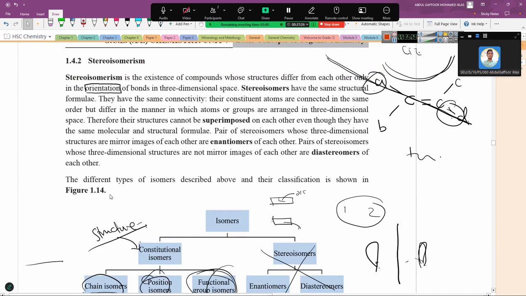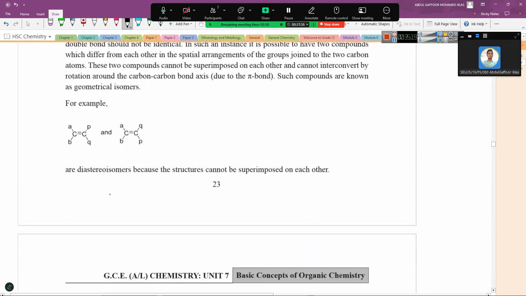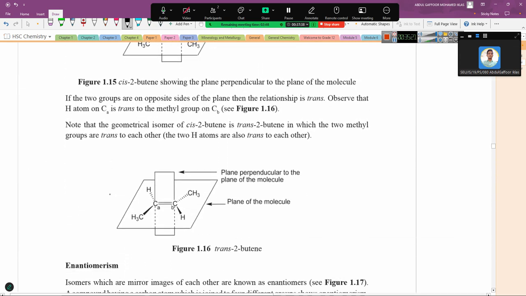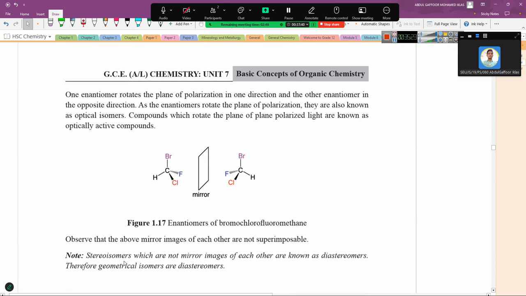Now you can see, therefore, their structures cannot be superimposed on each other even though they have the same molecular and structural formula, right? Now if you look at this one here, if you bring them together, this chlorine will overlap with this chlorine.